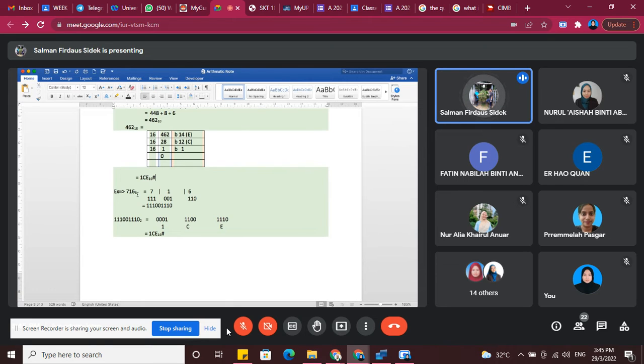I teach you about octal and hexadecimal because I want you guys to think out of the box. Okay, kita belajar mathematics bukan you nak guna all those formula in your work.